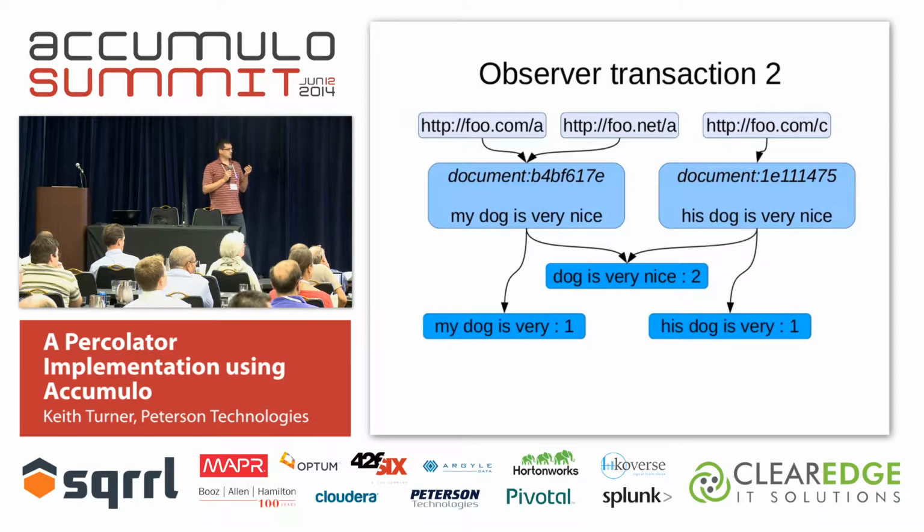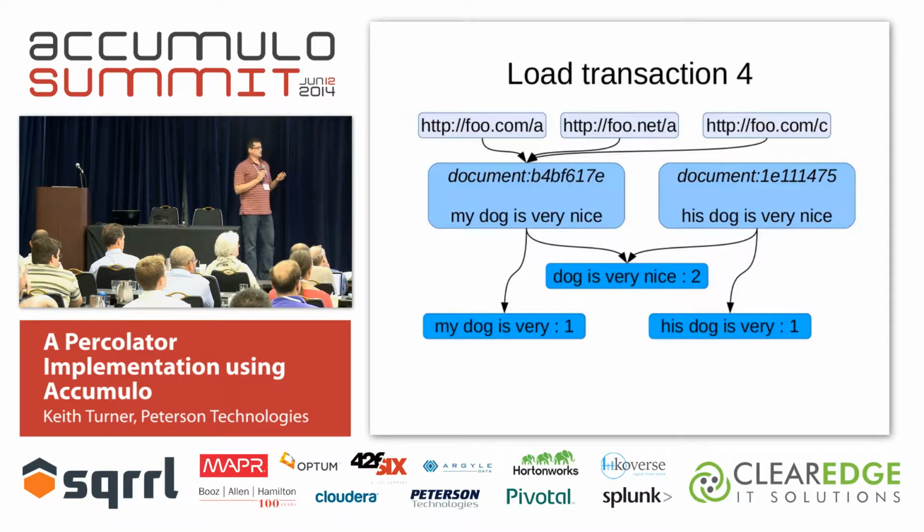And then another transaction runs. And you can see that now we have two documents updating the count for one of the phrases. And this is all done in a transactional way. If those transactions had run at the same time, or had failed, any of the bad things that can happen, you're still going to end up with accurate counts, and you're not going to have to worry about it.